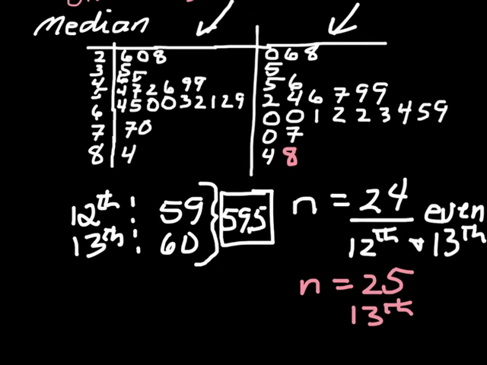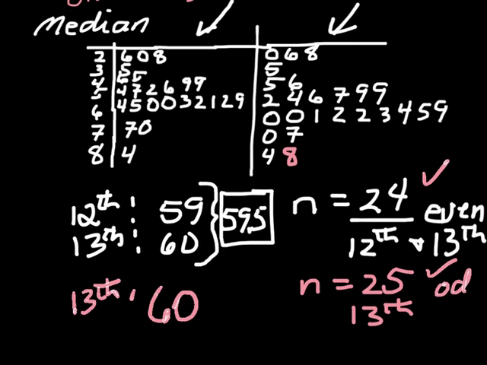And so the 13th value would be 60. All right? And so when finding the median, you want to know whether you have an odd number of data or an even number of data, and that tells you which method to use.